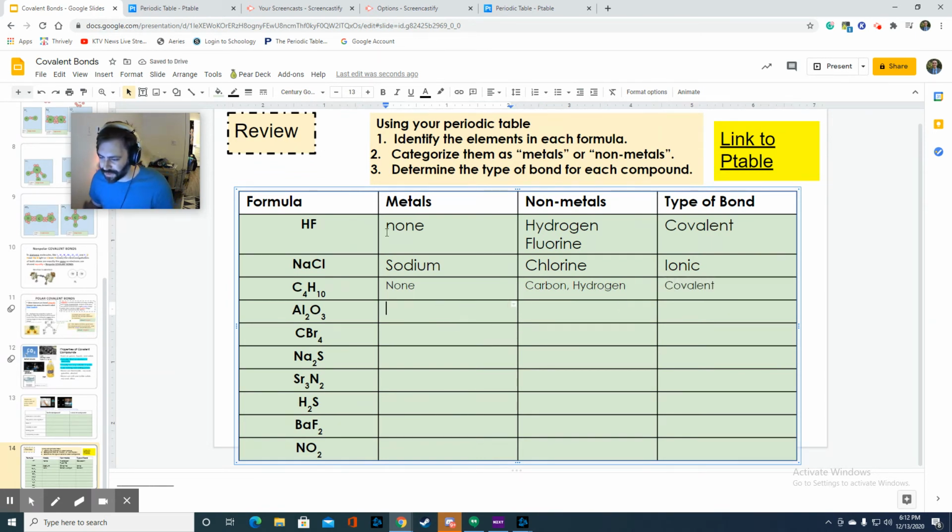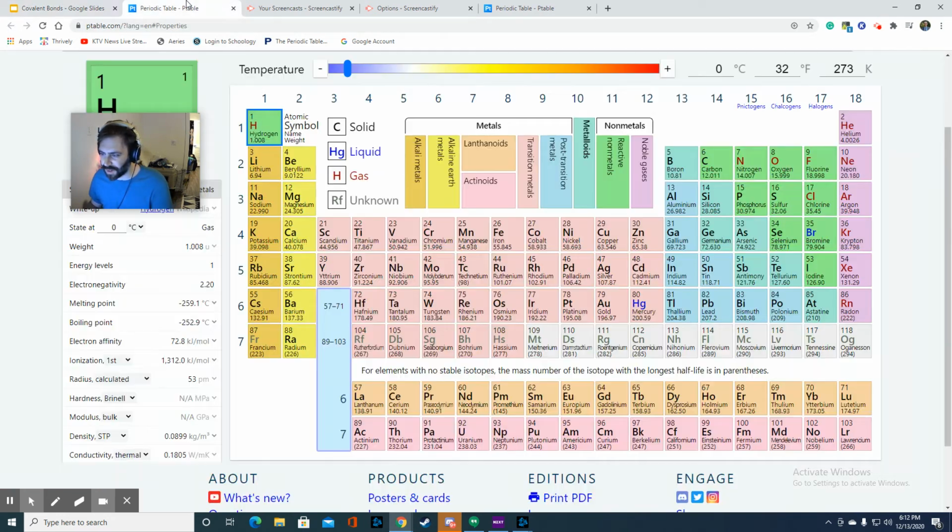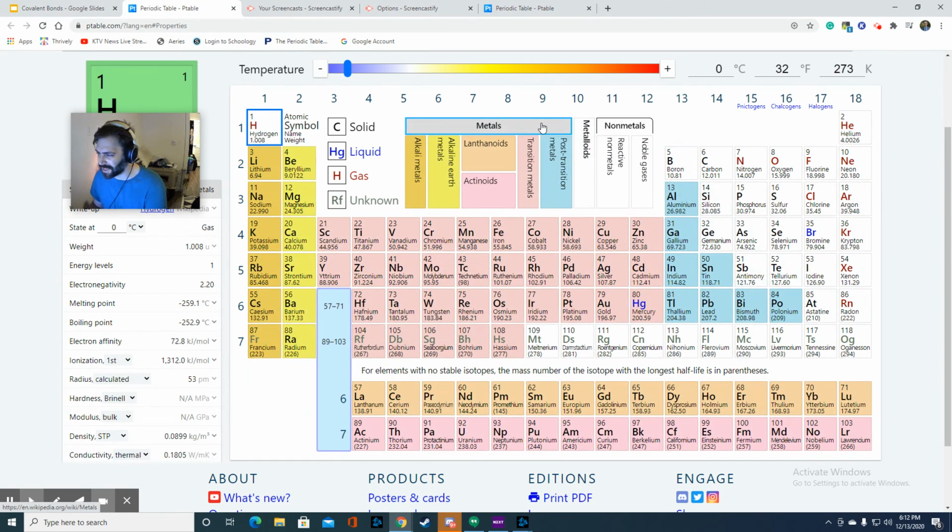Let me do one more for you. Aluminum and oxygen, Al and O. Where's aluminum? It's right here. It's the one I said wasn't a transition metal. It's not really a transition metal. I might have said it wasn't a metal, and that was wrong. I don't know if I said that or not, but if I did, I was wrong, and I apologize. Mouse over metals, this little box at the top.